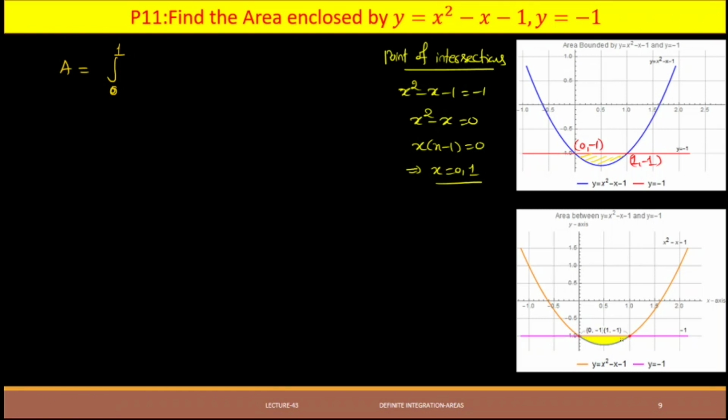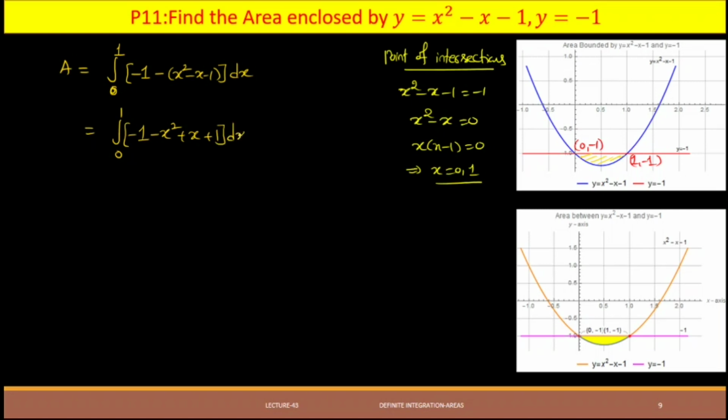The upper curve is y is equal to minus 1 straight line, minus the lower curve, the parabola x square minus x minus 1, dx. So it is integral 0 to 1 of minus 1 minus x square plus x plus 1 dx.